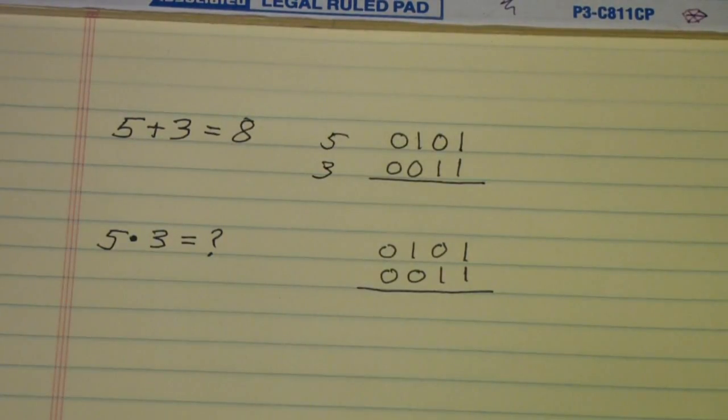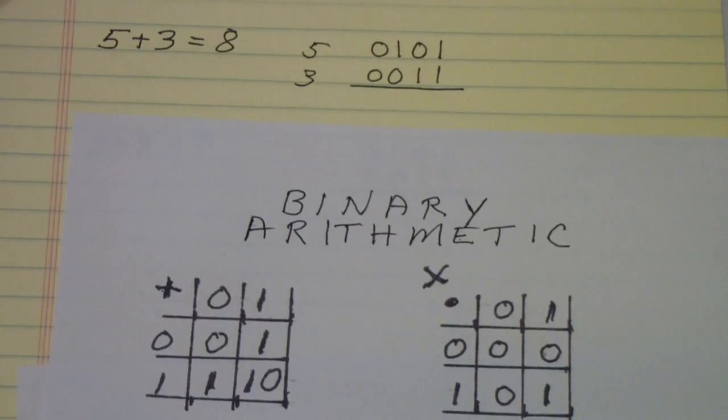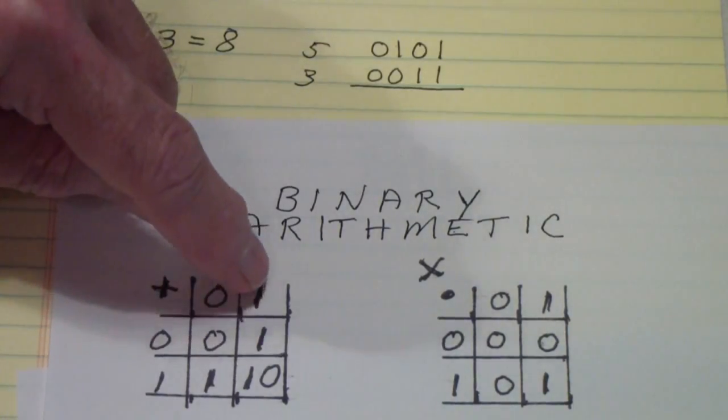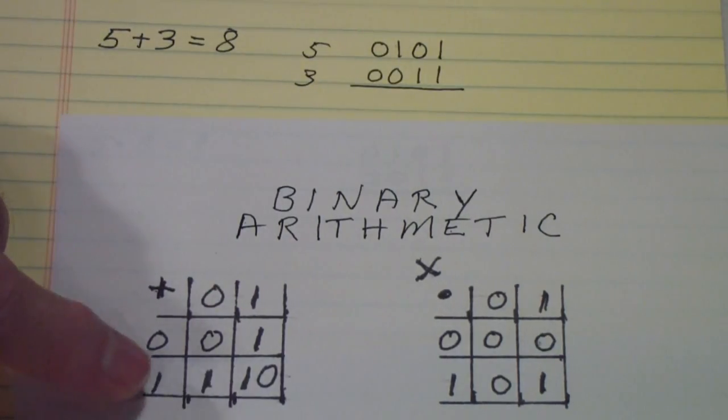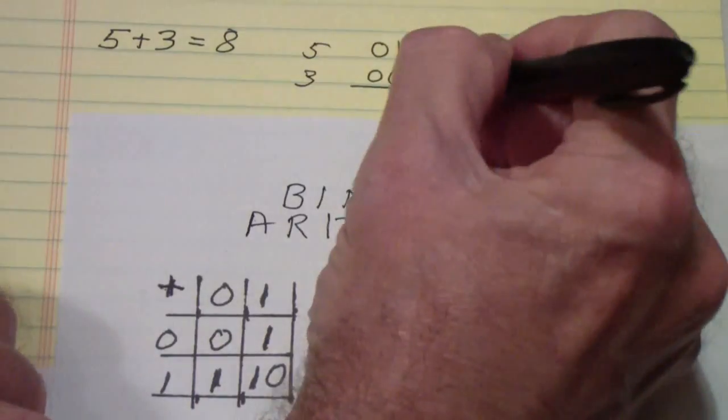We then look at our binary arithmetic table to add. 1 and 1 is a 0 with a carry of 1.